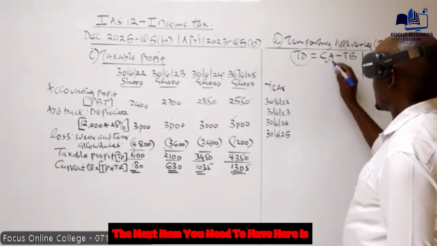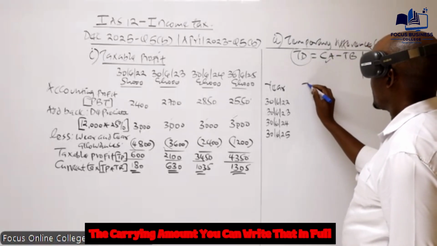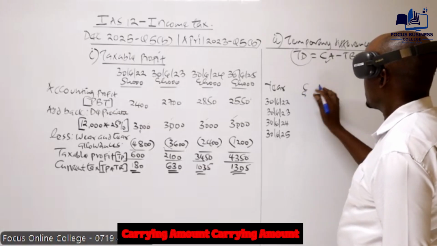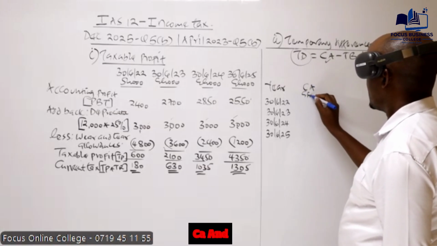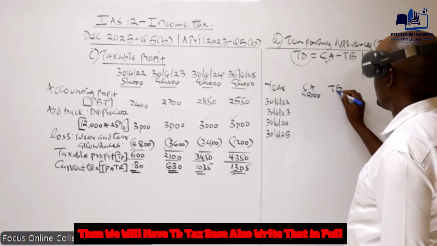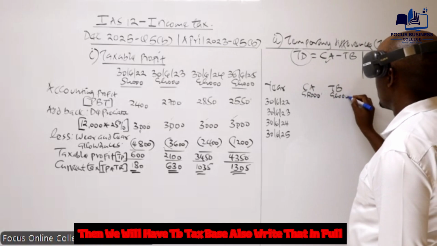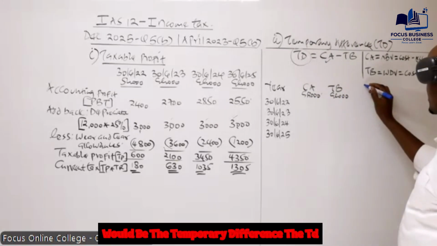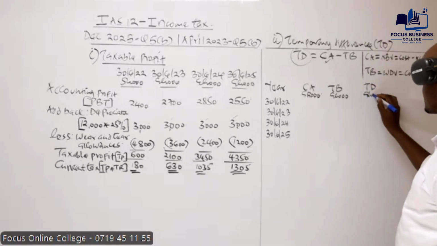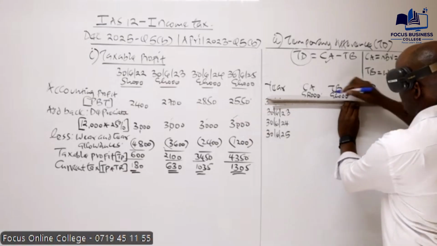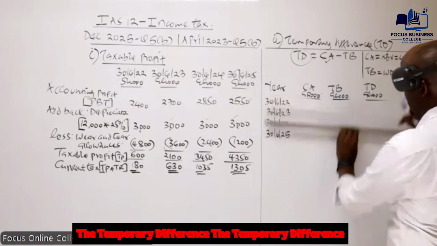Then the next item you need to have here is the carrying amount, CA. Remember, our values here are in thousands of shillings. Then we will have TB, tax base. Also write that in full. The difference between these two values will be the temporary difference, the TD.